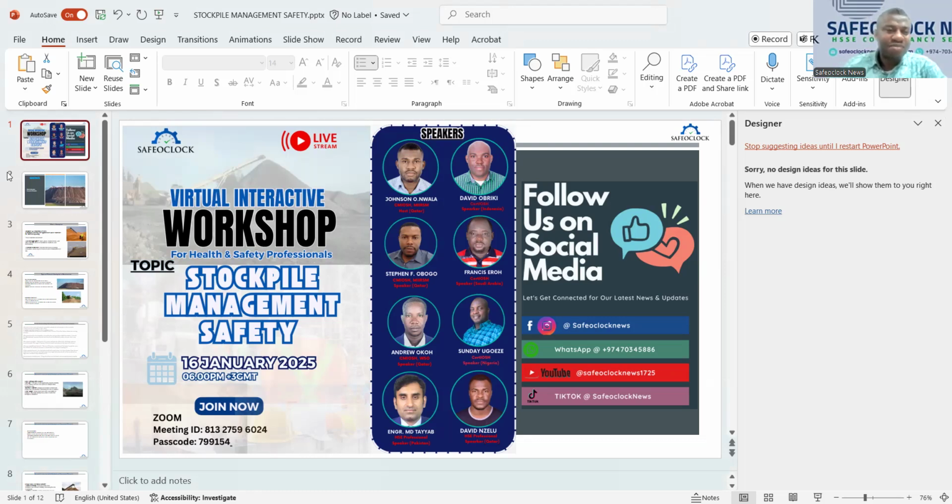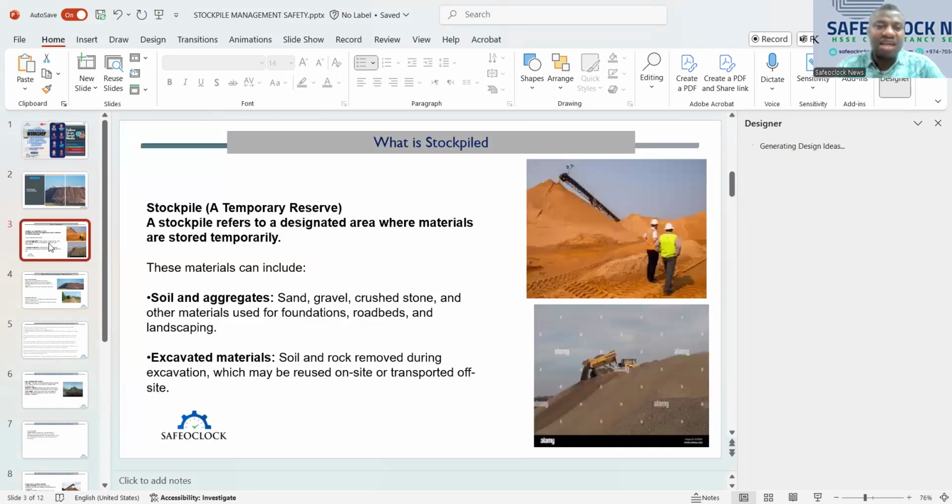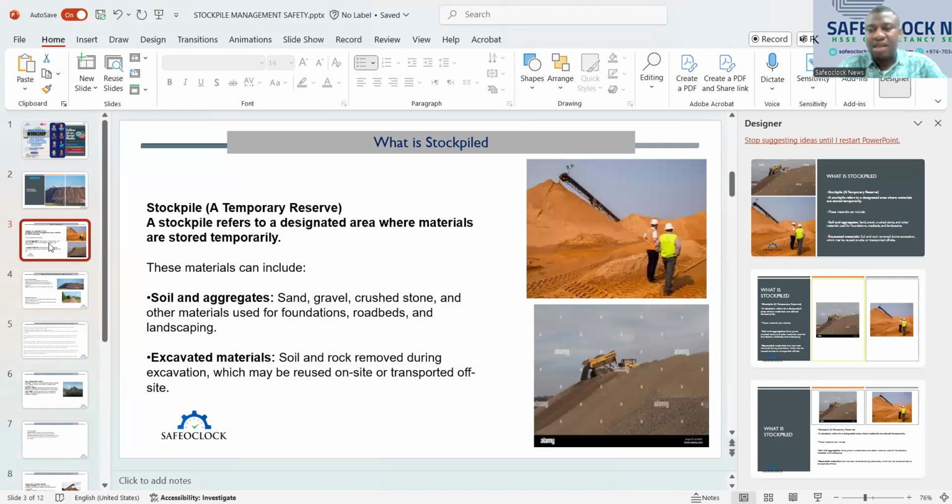All right. So what exactly is stockpile? Stockpile is simply a temporary reserve area. We have in the construction industry, also in the mining industry, certain areas or locations that they reserve for temporarily storing these materials.